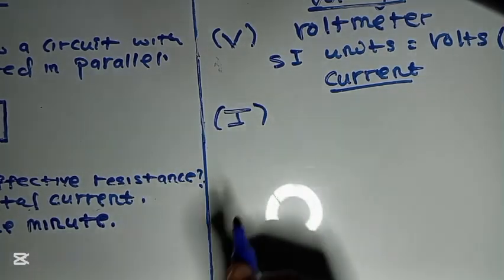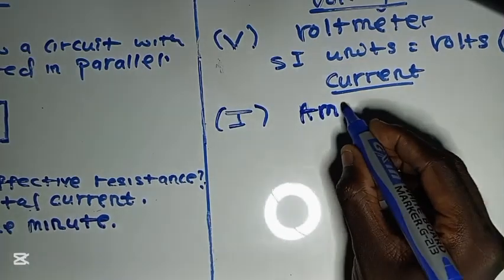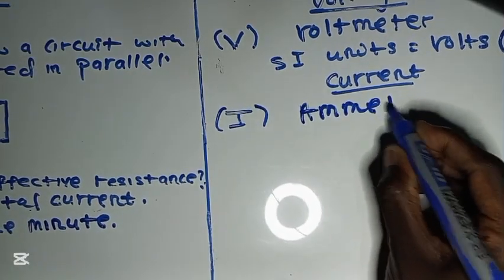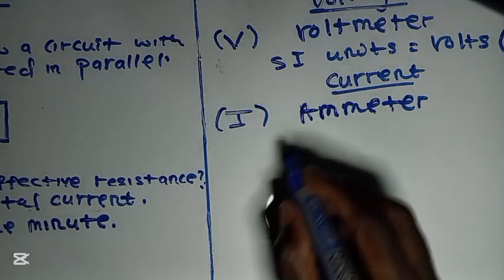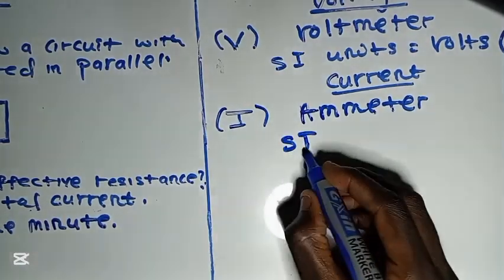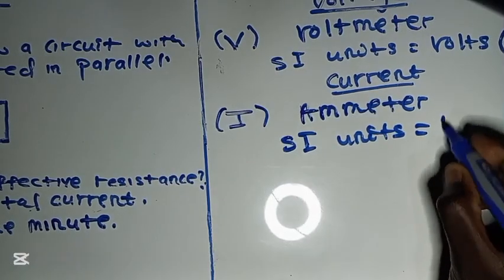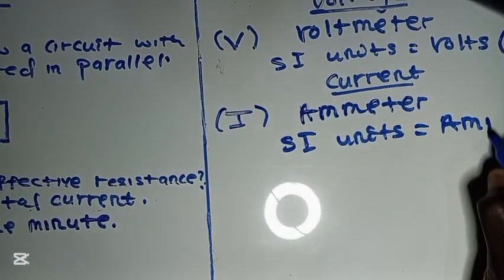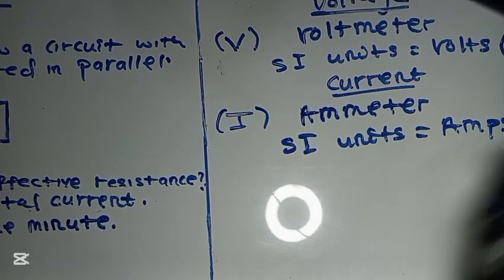It is measured using an instrument known as the ammeter. The SI unit for current is amps, represented by capital letter A.